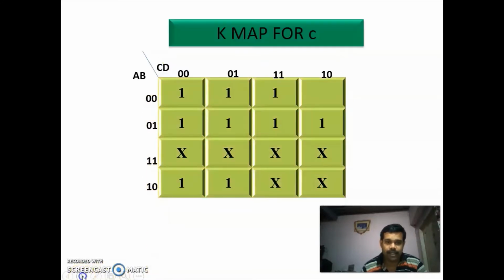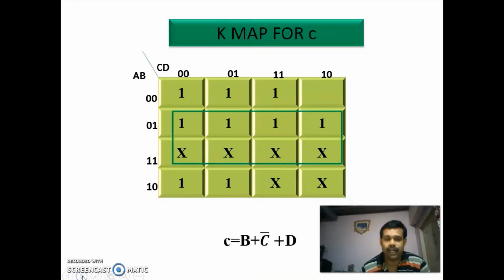Okay. Next, similarly, we are writing the expression for C. By looking at the column of C, we are finding wherever we are having ones. We have plotted and we have grouped and we have got the expression. For this grouping we have considered these 4 rows and these 2 columns.